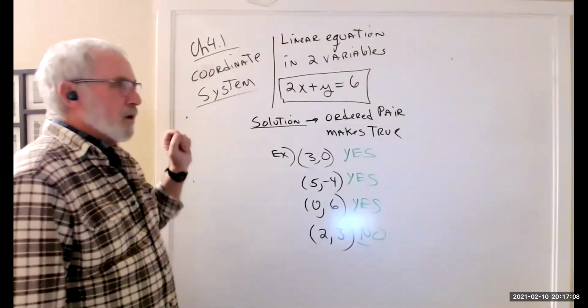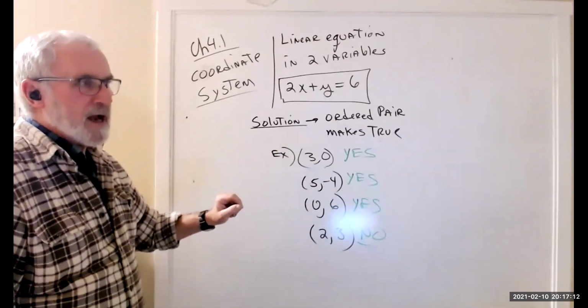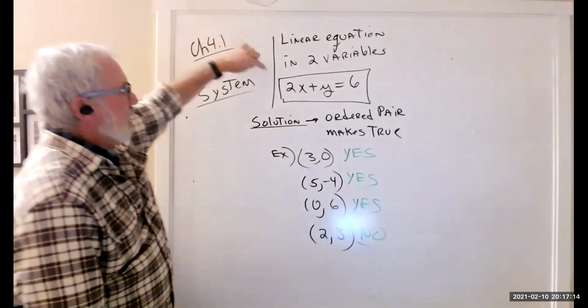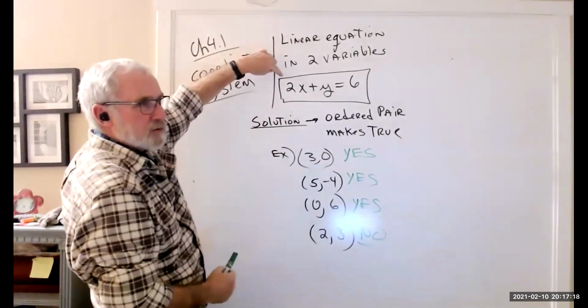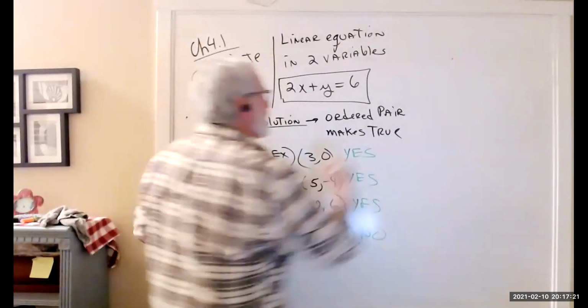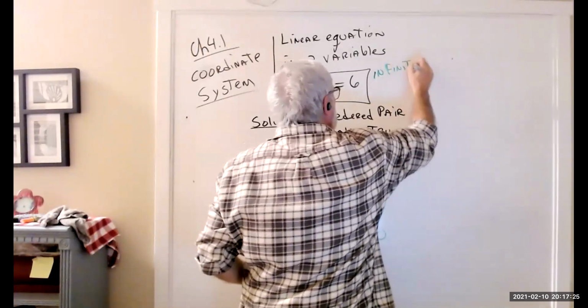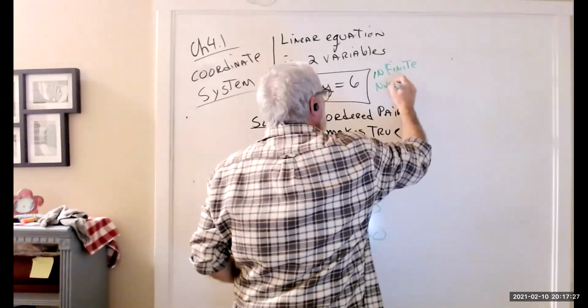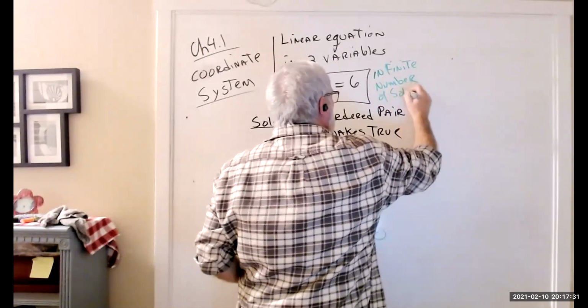So now this leads us to a really important fact. A linear equation in 2 variables has an infinite number of solutions.